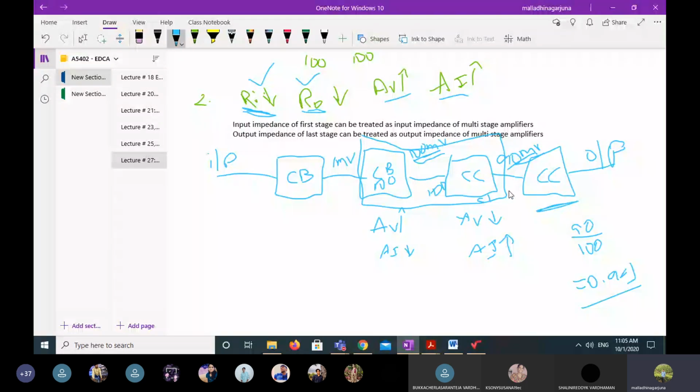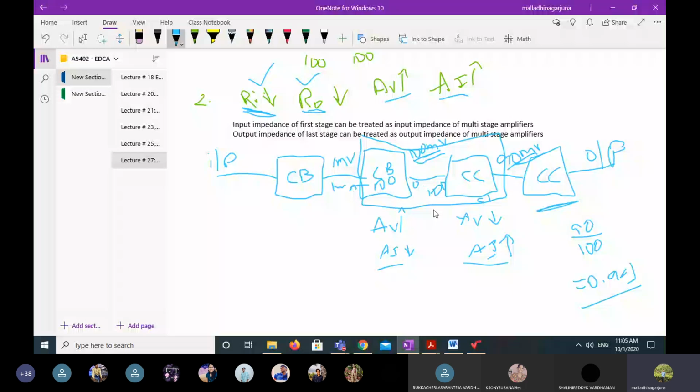The same applies for current gain also. If we keep the CB amplifier, the current gain is less than 1. Suppose you give 1 milliampere, the output will be 0.9 milliamperes or so. To get both current gain and voltage gain high is my requirement.